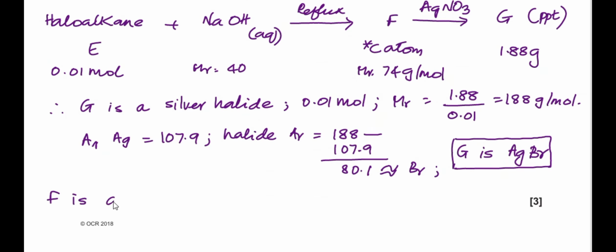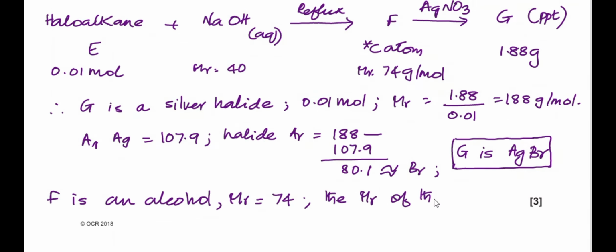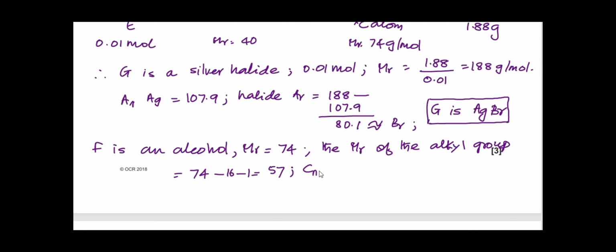F is an alcohol, and it has got Mr given to be equal to 74. Therefore, the Mr of the alkyl group will be equal to 74 minus 16 minus 1, and that's equal to 57. Since the alkane formula is CnH2n+2, the alkyl group will be CnH2n+1.